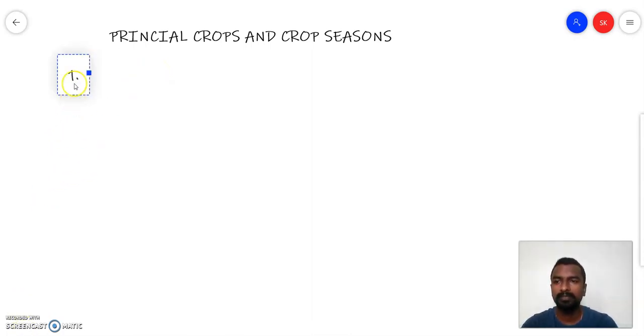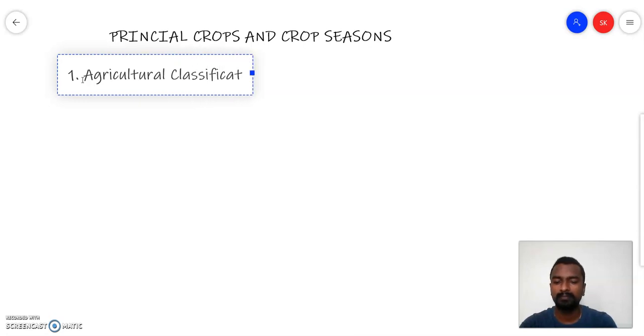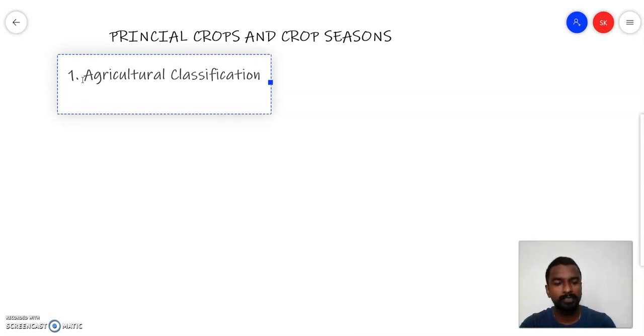The first one is agricultural classification. Total, there are three types.